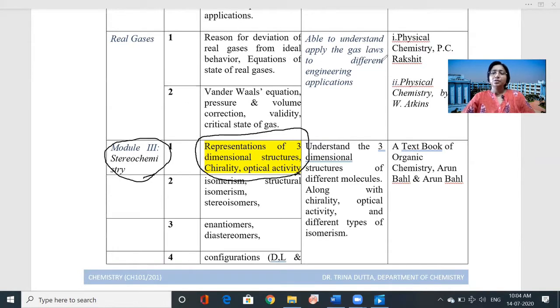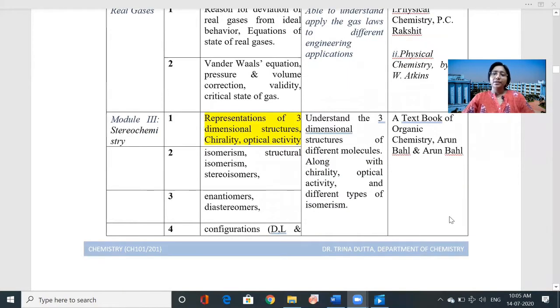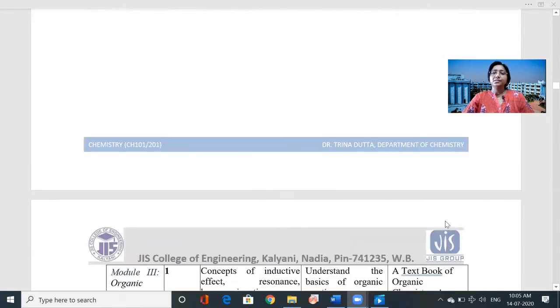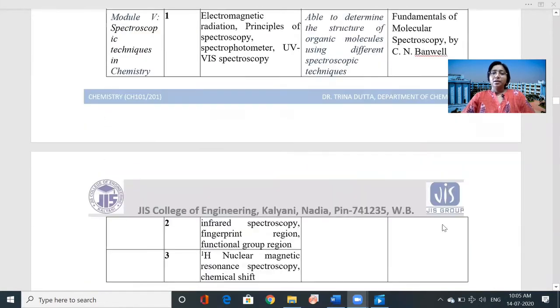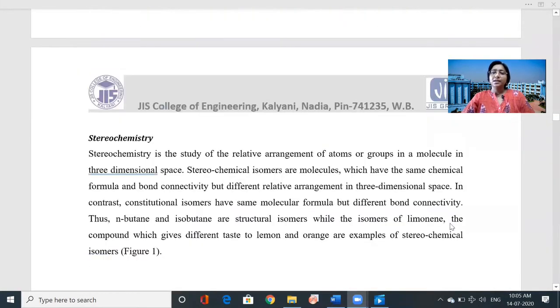First of all, I would like to show you one video. Here you can see what stereochemistry is. Basically, stereochemistry is the spatial orientation of different molecules.